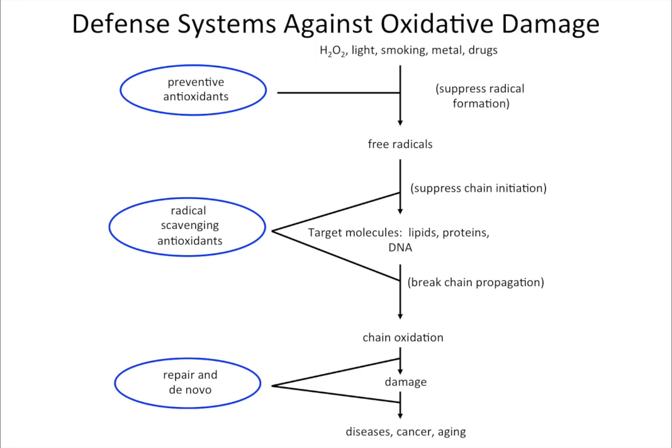So this basically gives you a diagram of how defense systems operate and how they function against oxidative damage. You can see in this chart, you start off at the top with sources of free radical damage. Just some examples include hydrogen peroxide, solar radiation or light, smoke, metal, and oftentimes pharmaceutical compounds.